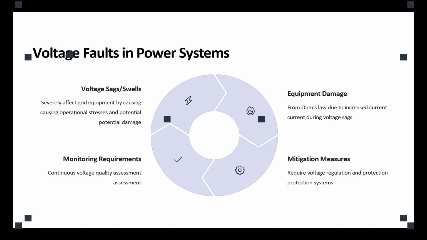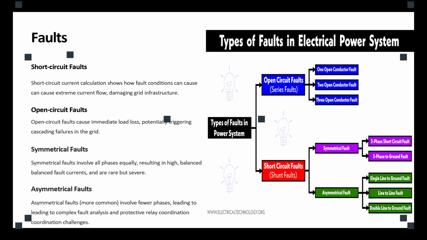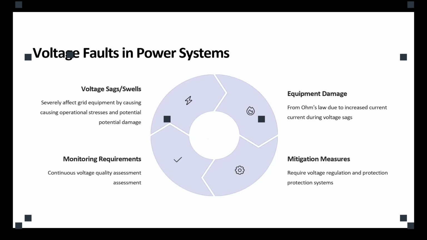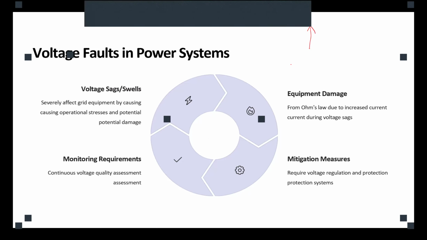Now, I'm going to give you the example. You can search on that. When you have a three-phase system and a fault of two of the phases to the ground, for example, we have our three phases, same amplitude, 120 degree phase shift.